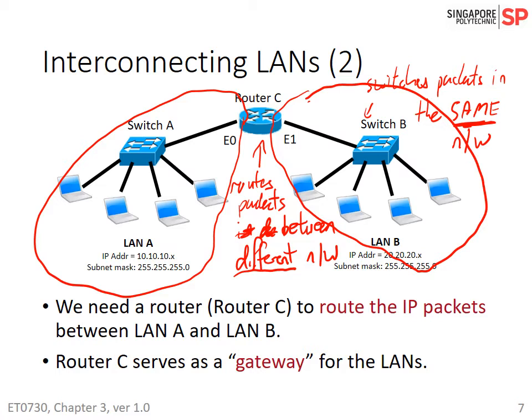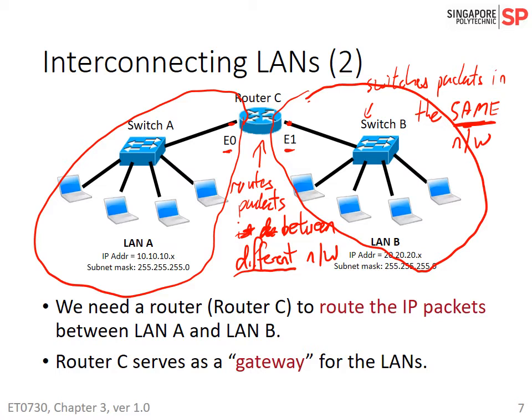Notice when I draw the boundary, I included E0 and E1. E0 is included in this LAN A circle, E1 is included in this LAN B circle. These are the fast Ethernet interfaces of router C.